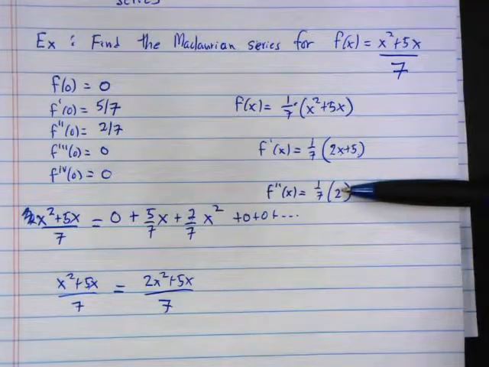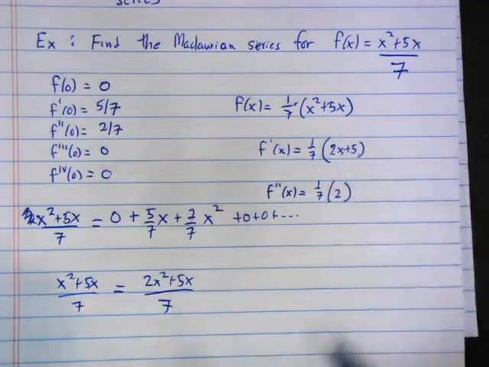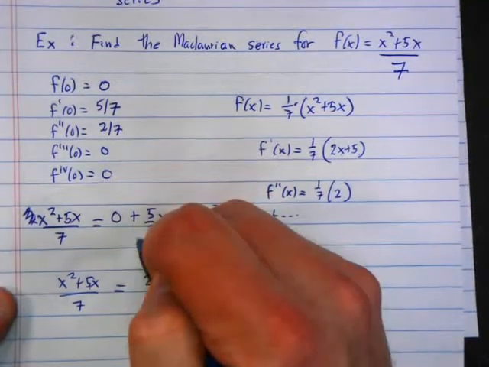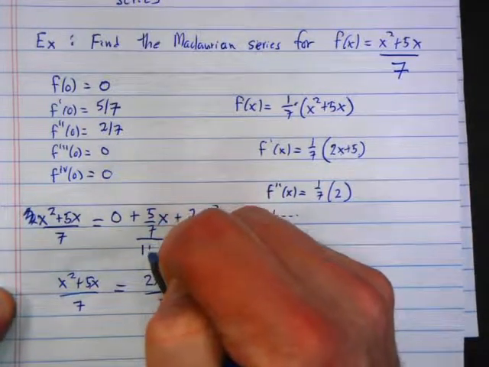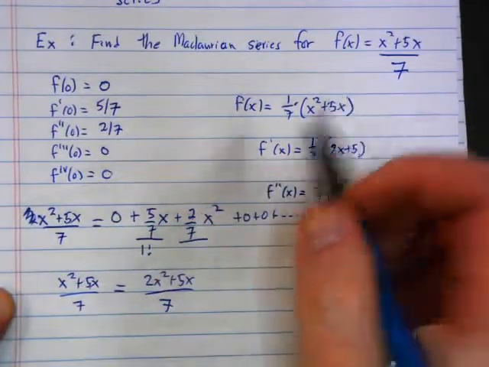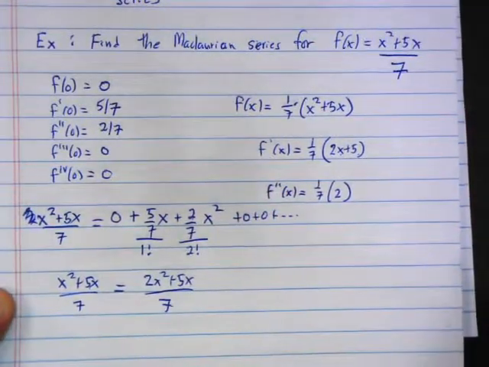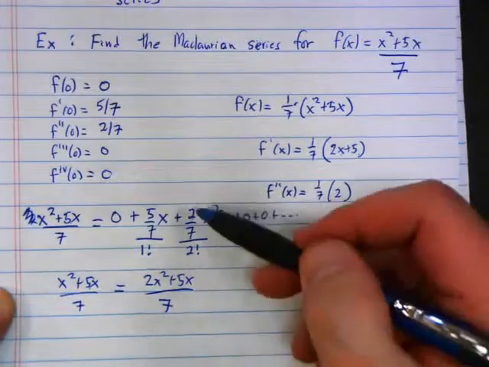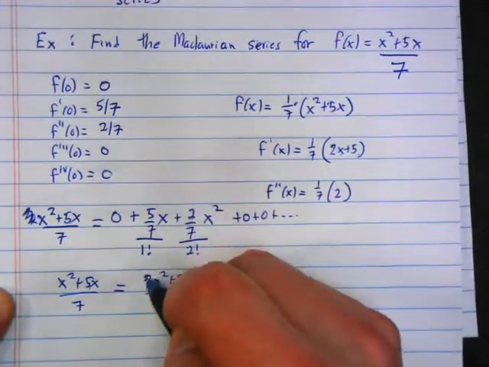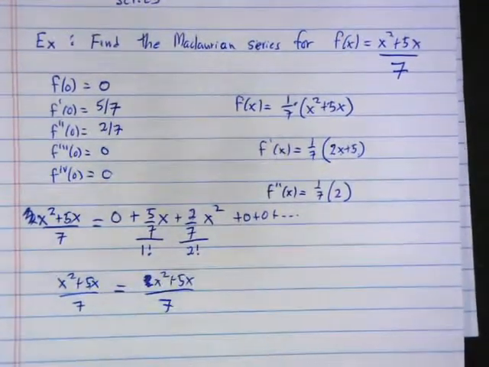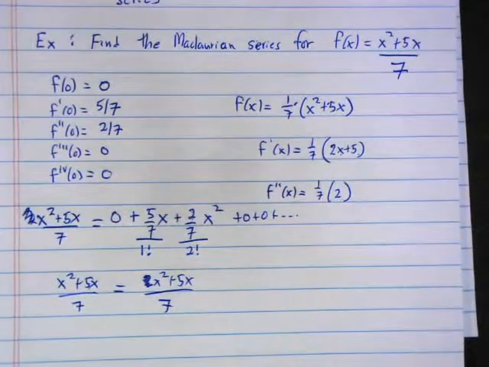Oh, I know what the mistake is. This should be divided by 1 factorial, and this one gets divided by 2 factorial. What's 2 factorial? 2, so that 2 and that 2 cancel out. And we proved that x squared plus 5x over 7 is equal to x squared plus 5x over 7. Do you believe it? I do now.